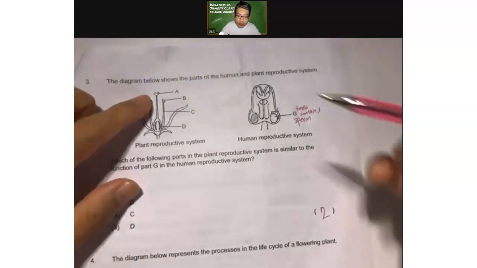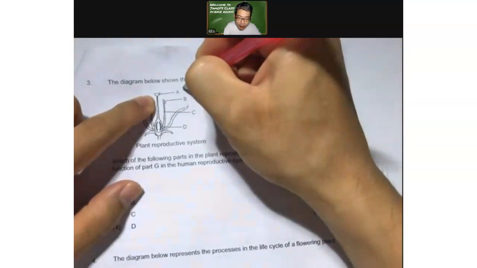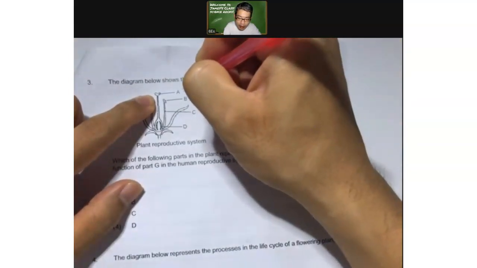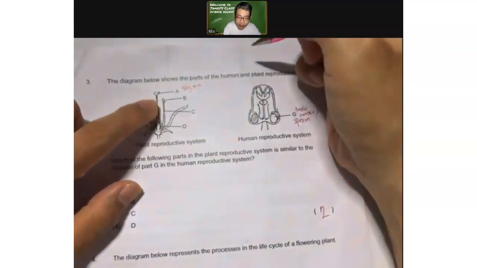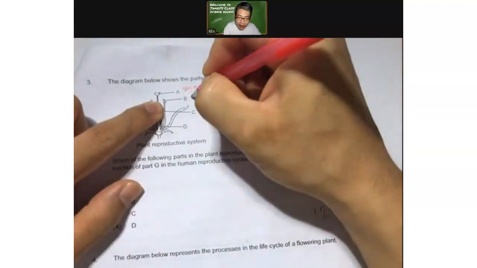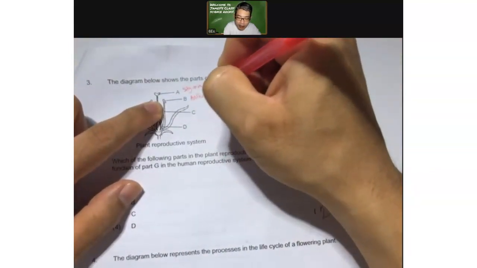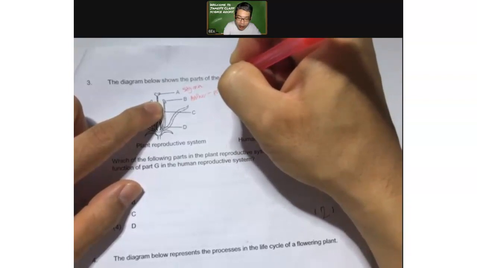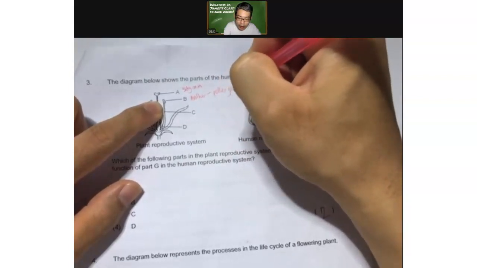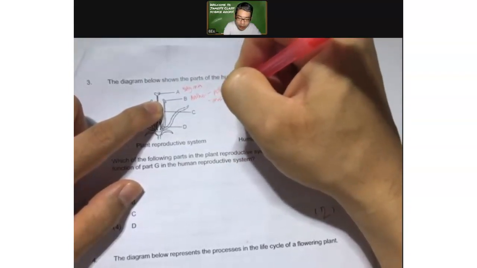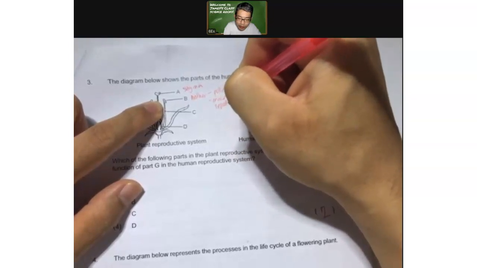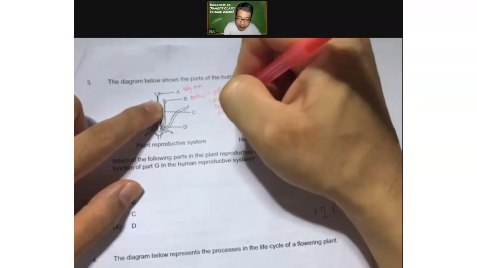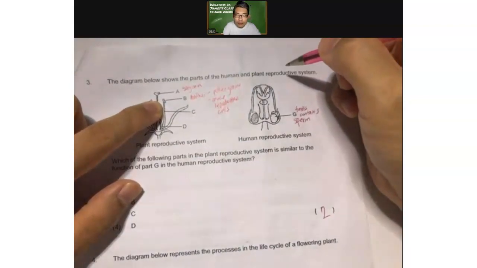So this A here will be the female part, and this A is the stigma. That's the female part. B here is the anther. That is the male part. And this contains these pollen grains, which are the male reproductive cells. Alright.